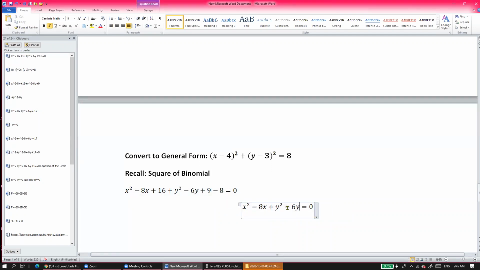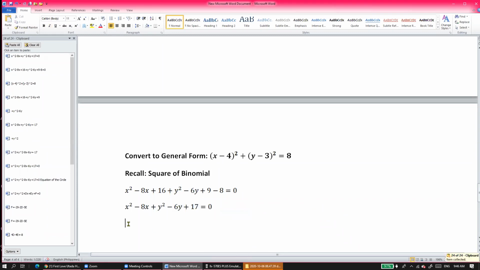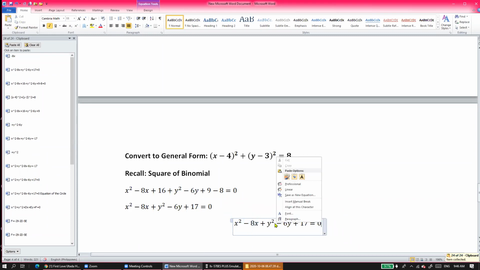So I'll type 17 here. And afterward, I will arrange the terms with the same higher degree. The x square and the y square should be together. So I copy-paste it again. I cut the negative 8x, then I'll type it here.